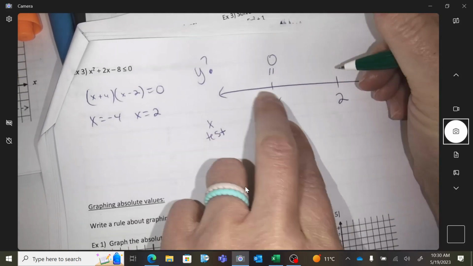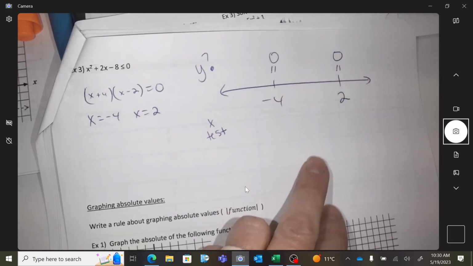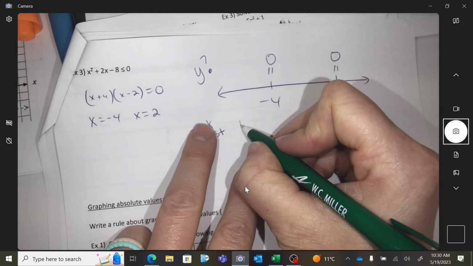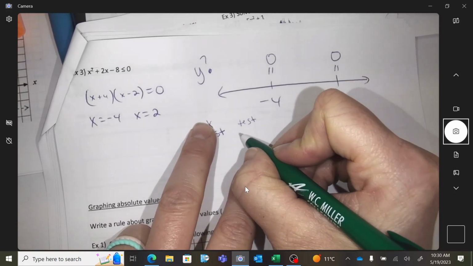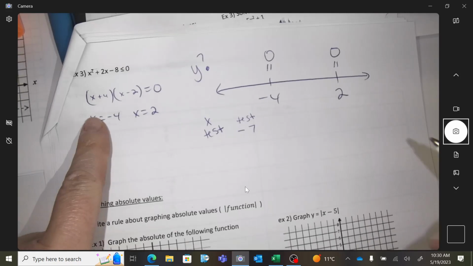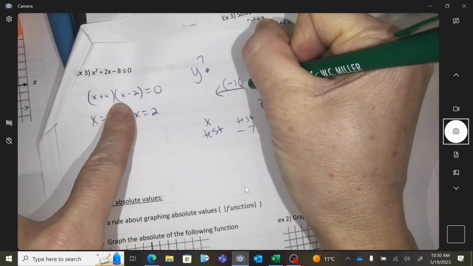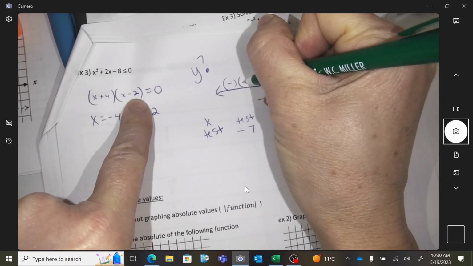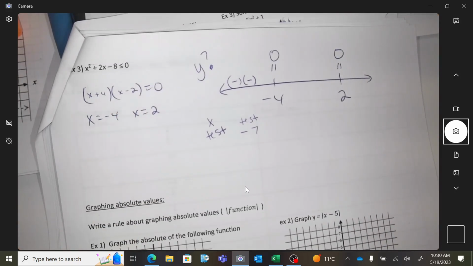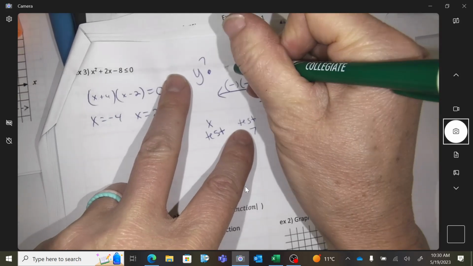It's exactly 0. I'm going to throw a -7 in there if that's okay. -7 plus 4. -7 minus 2. So those were two negative numbers, and then they got multiplied together.